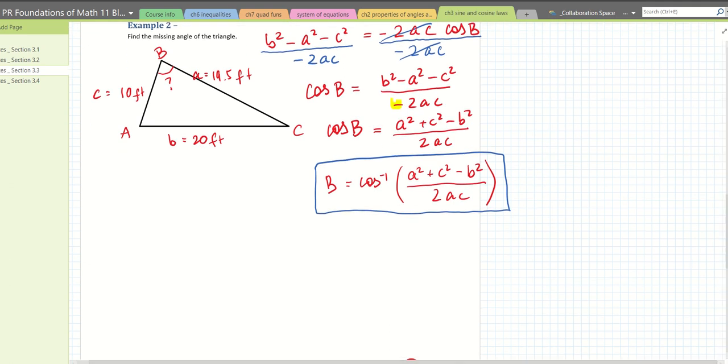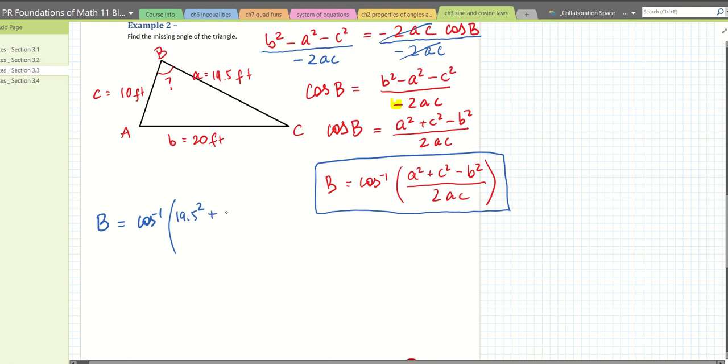So the final step, of course, is to actually find the numeric answer for angle B. So what we're going to do here is, again, plug in the numbers. Angle B equals cos inverse, cos raised to -1, of 10 squared plus c squared, which is, no, sorry, A is not 10, that's C. A is 19.5.